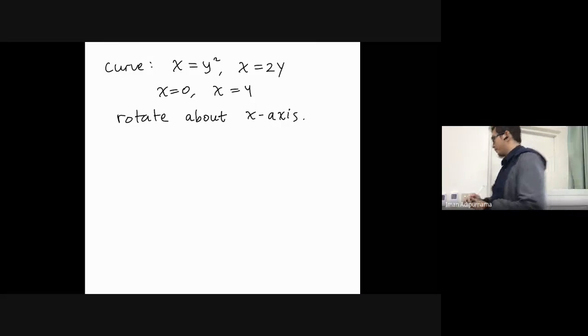So we have the curves x equals y squared, x equals 2y, x equals 0, x equals 4. Rotate about the x-axis. Find the volume of the region in between the curves. Try to draw and imagine the curves and how the volume will look.